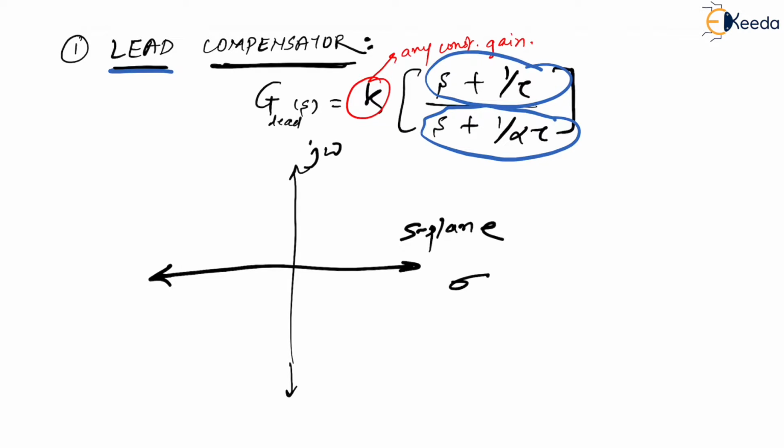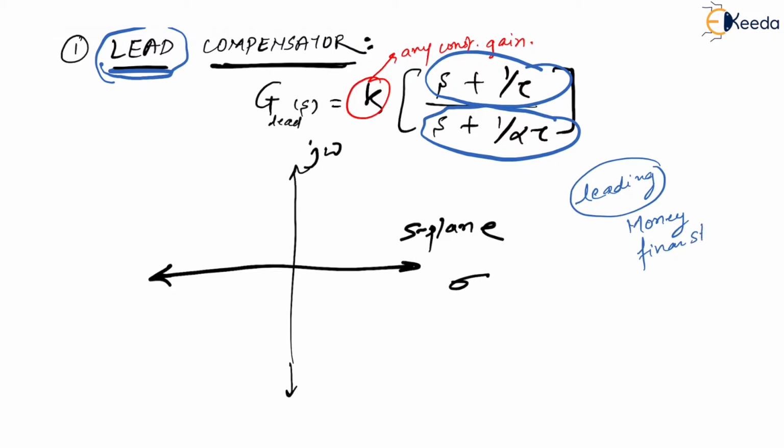I say my life is leading when I see money in front of me, or when I see financial stability in front of me. If I am standing here at the origin, the first thing I should see is a pole or a zero.